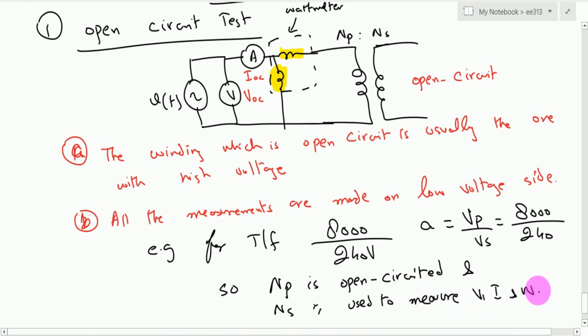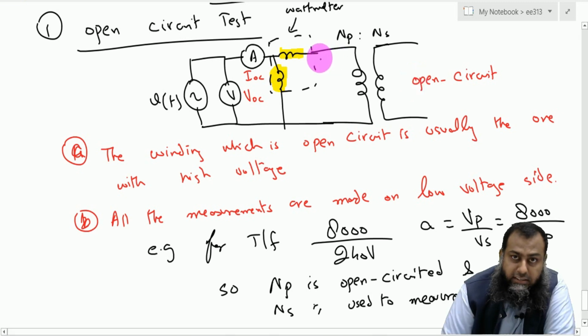So what we are trying to establish here is that with the open circuited winding, which is of course the high voltage winding, we are left with a transformer where we are only providing the excitation current, right?